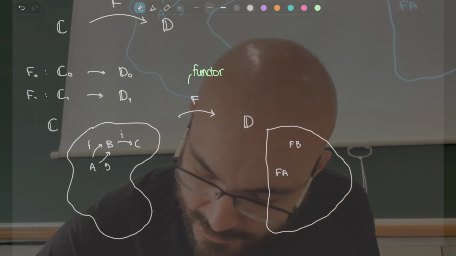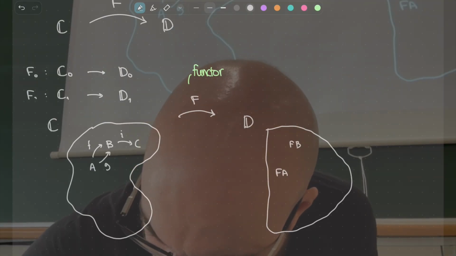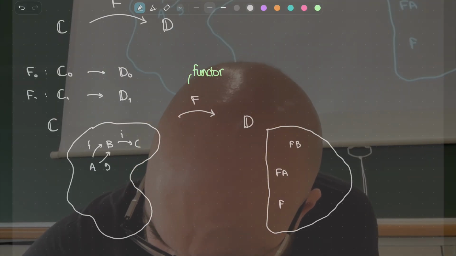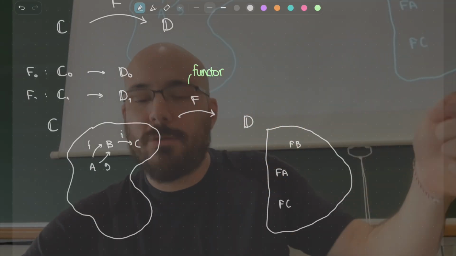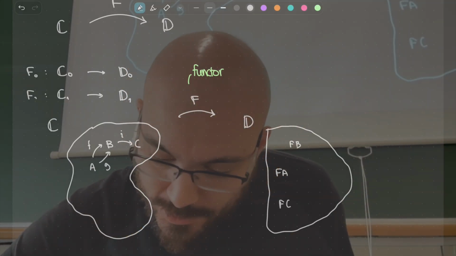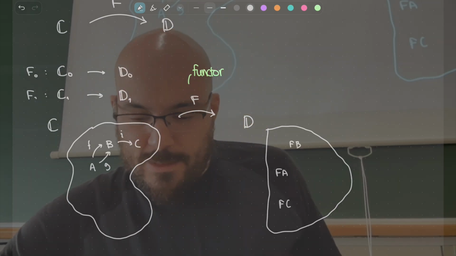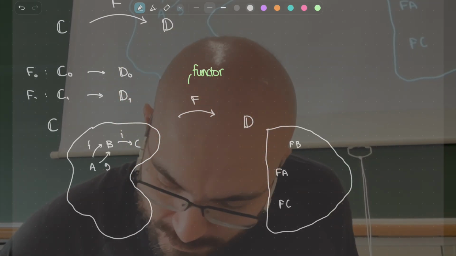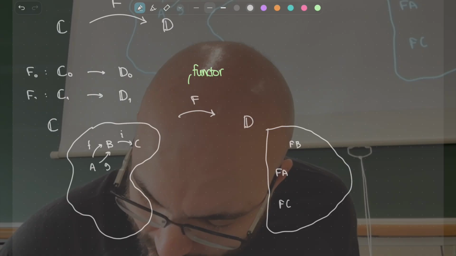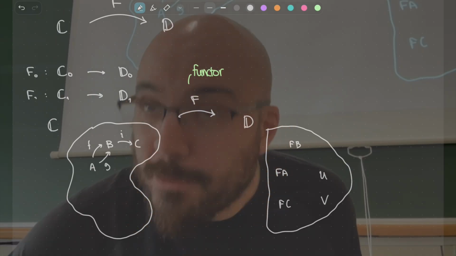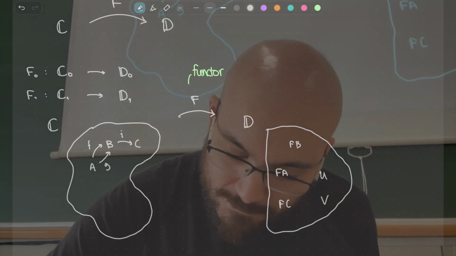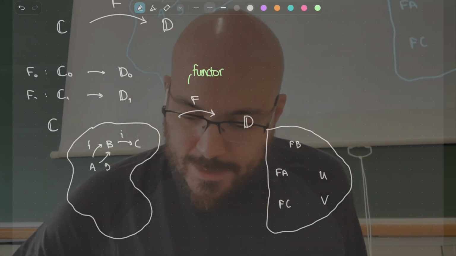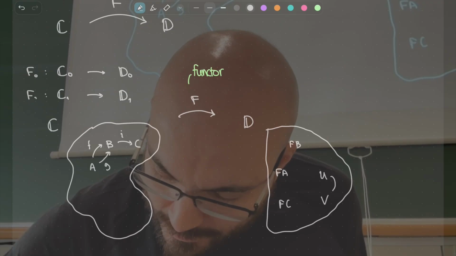I will definitely have an F of C here, but it may change the shape a bit. I want to see what things are required to be maintained. D may have some new objects of its own that are not mapped by anyone; it's like this functor is not surjective. And maybe I have an arrow here.